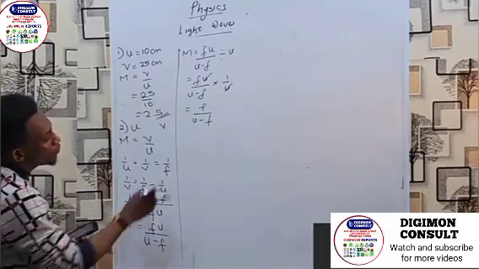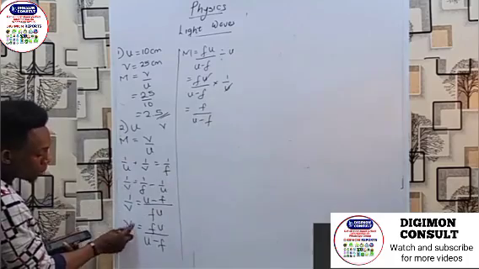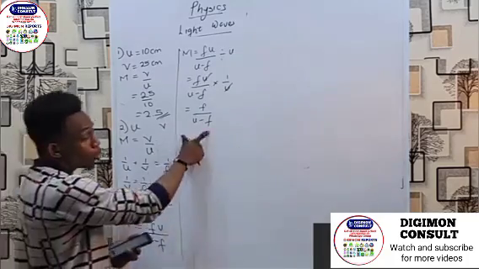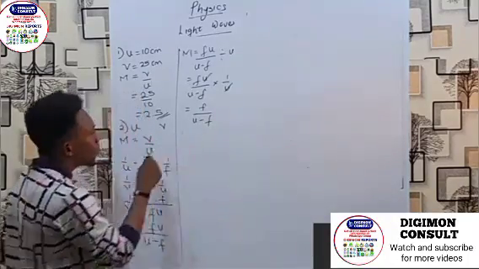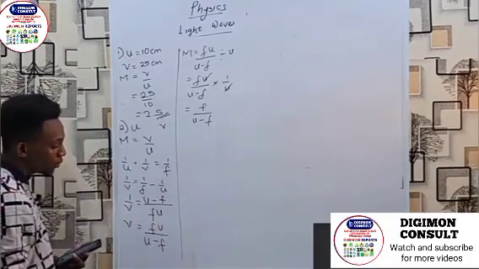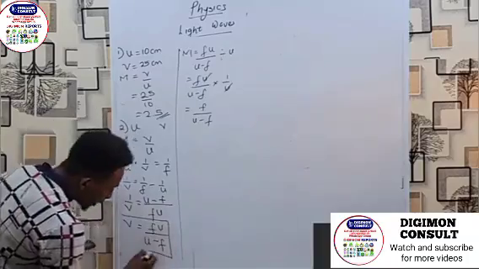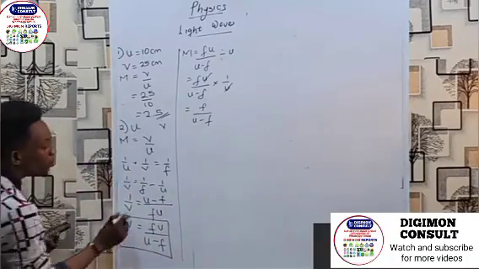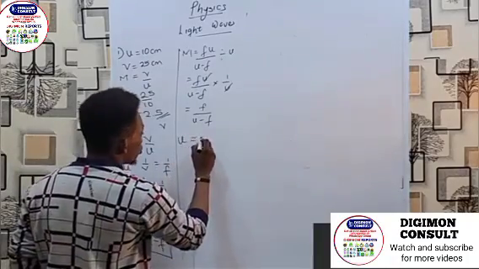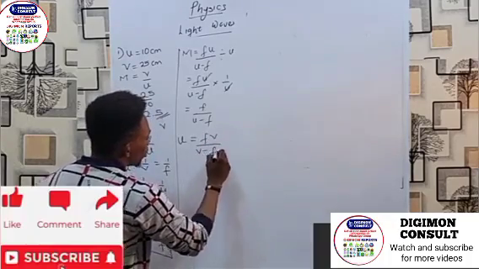That must mean this is not how they want us to express it. Remember, we made V the subject of the formula and we got this. If this is not what they want, that must mean they want us to instead make U the subject of the formula. If I do that, notice this tiny difference. U equals FV over V minus F.